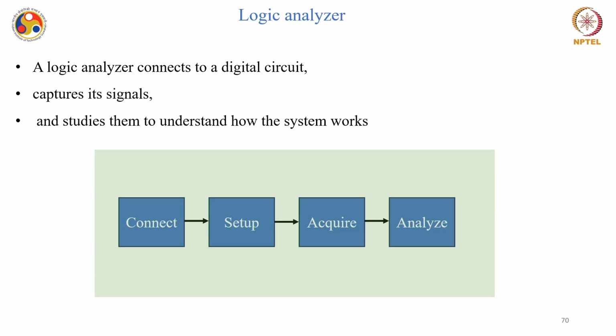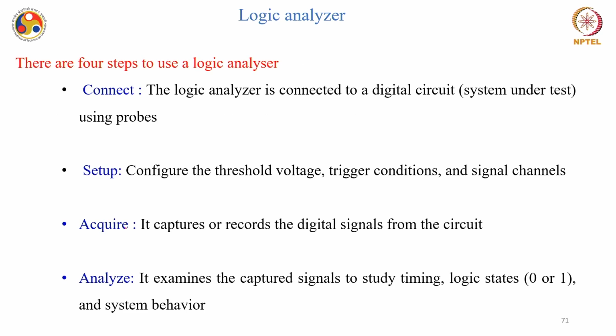A logic analyzer connects to a digital circuit, captures its signals, and studies them to understand how the system works. So, connect, setup, acquire, and analyze are 4 different steps in a logic analyzer. First step is connect. The logic analyzer is connected to the digital circuit under test using the probes.